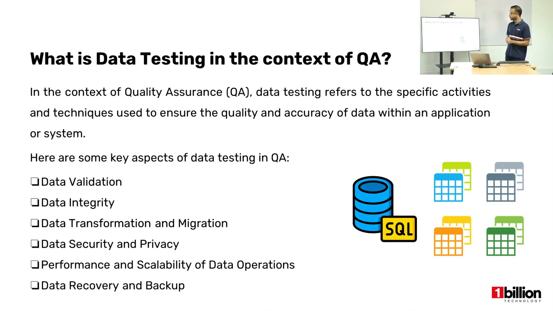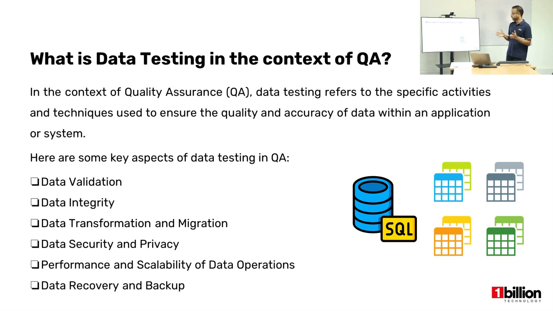Data transformation and migration. In a later slide, I will show an example of this. But if you talk about data transformation and migration, it's mostly testing the proper transformation, conversion, and migration of data from one system to another. When I say system, it can be two different databases.